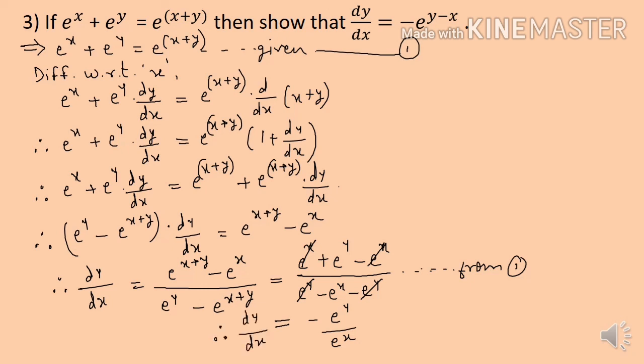Correct? So this can be written as minus of e raised to y minus x. Okay, hence proved. This is what you had to prove. So we can just write hence proved. So that completes your question number 3 of exercise 3.4.